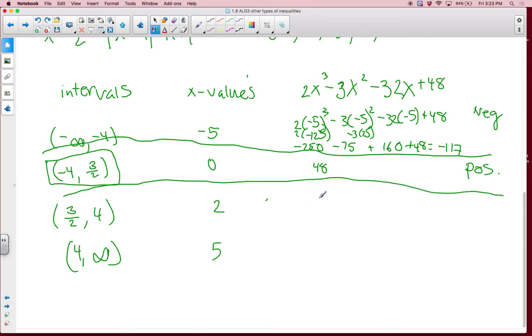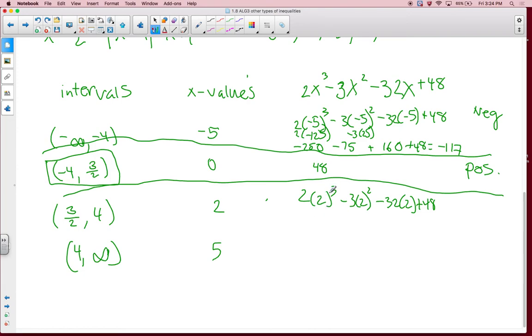We're going to plug in 2. We get 2 times 2 cubed minus 3 times 2 squared minus 32 times 2 plus 48.